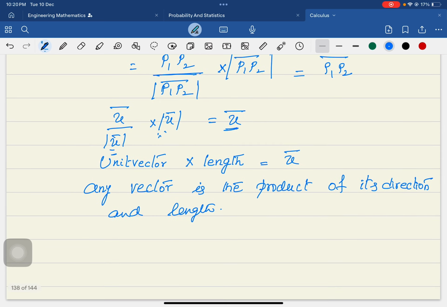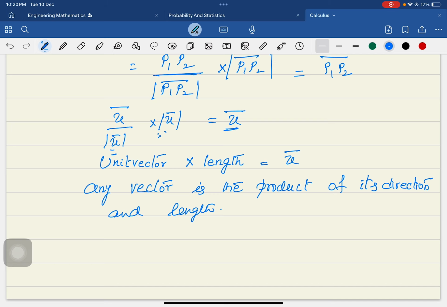Any vector is the product of its direction and length. So you can write it as the product of its length, which is the magnitude, multiplied by its corresponding unit vector. Then we can write any vector as a product of its length and its direction. So this is the way you can write it.